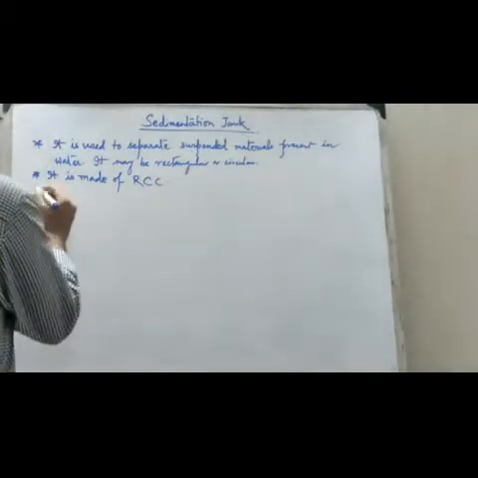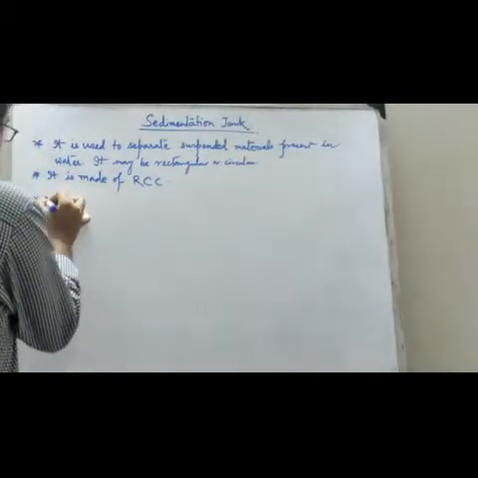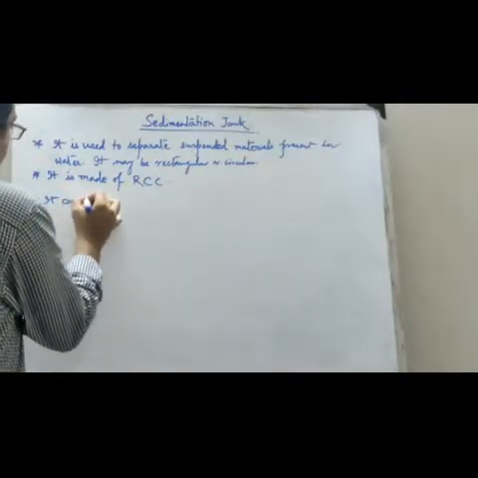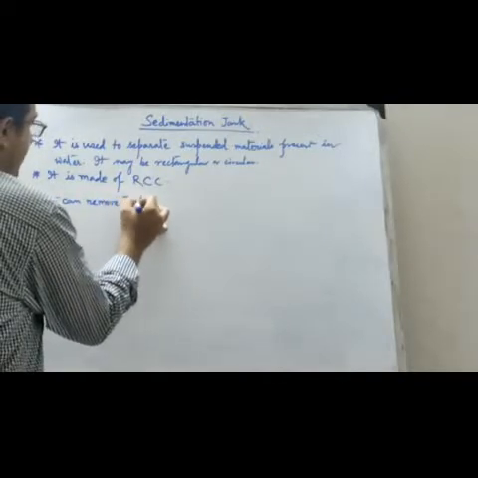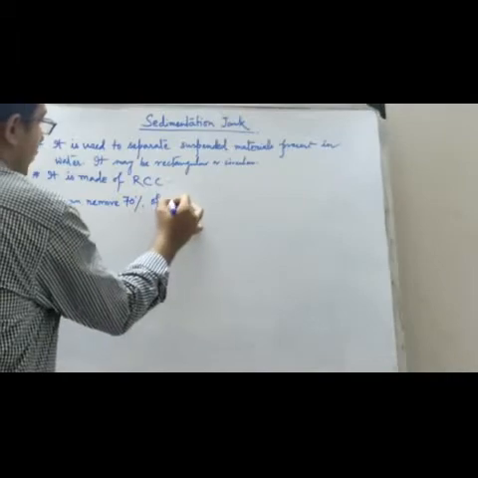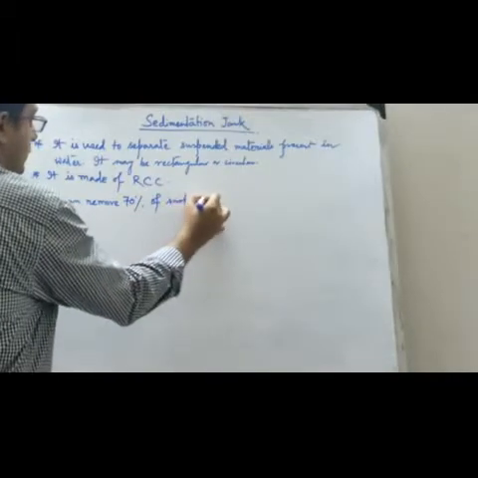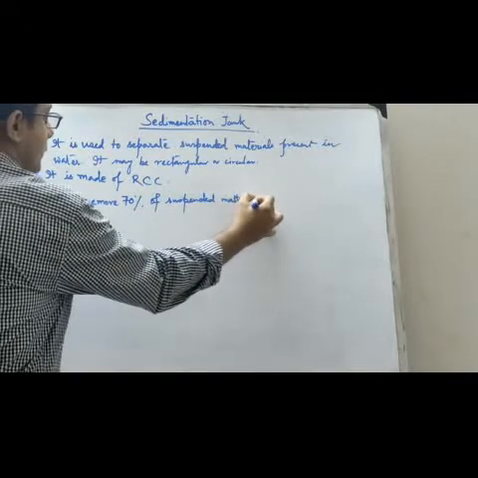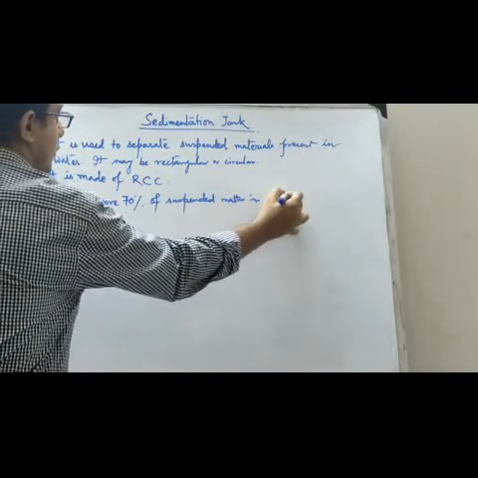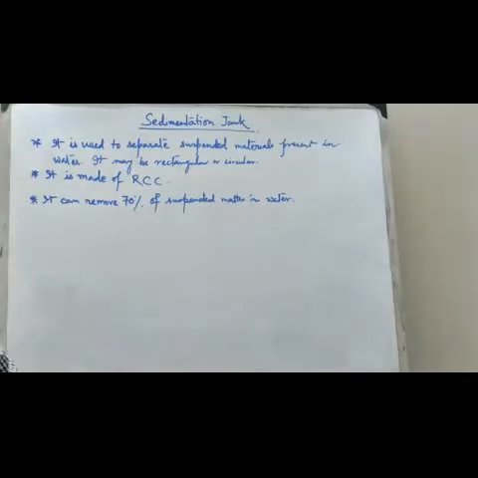So please write down the next important thing: it can remove 70% of suspended matter in water. This is very important, that it can remove 70% of the suspended matter from the water.